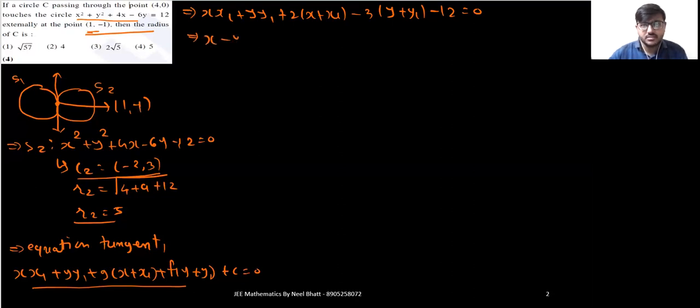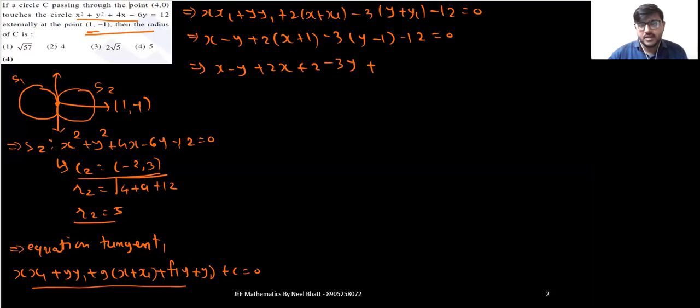So it is x minus y plus 2(x plus 1) minus 3(y minus 1) minus 12 equals to 0. So it can be x minus y plus 2x plus 2 minus 3y plus 3 minus 12 equals to 0. So it will be 3x minus 4y, and 2 plus 3, 5 minus 12, that is minus 7 equals to 0. Okay.